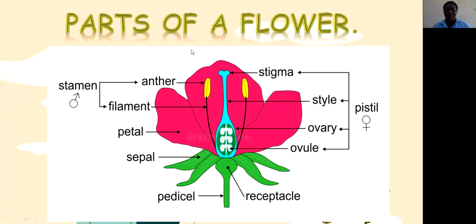Someone answer my question. What are the 2 male parts of a flower? You look at my picture and you answer.